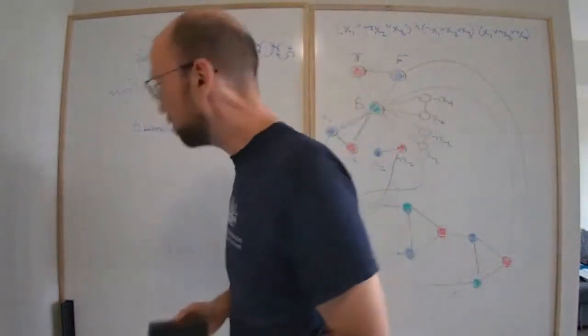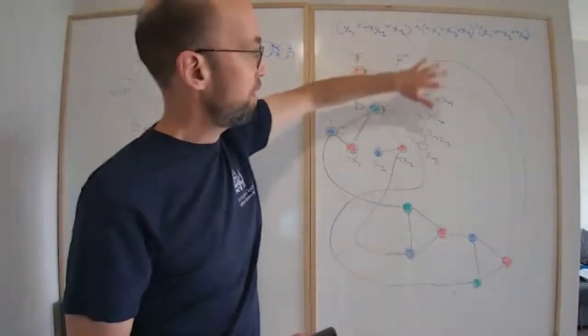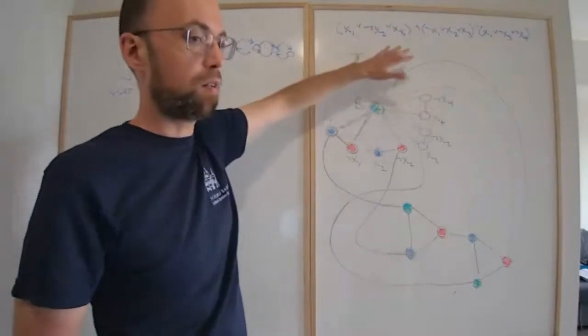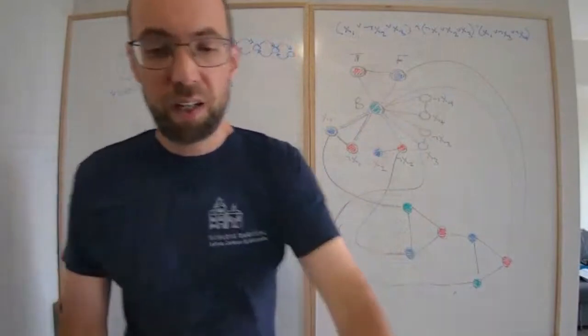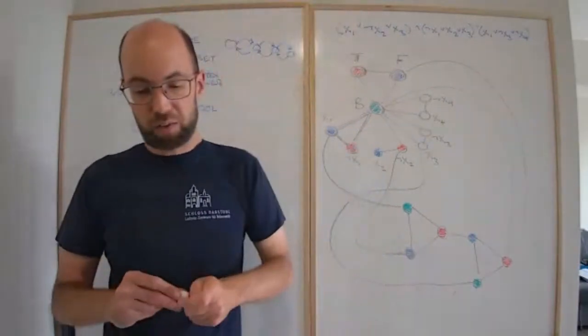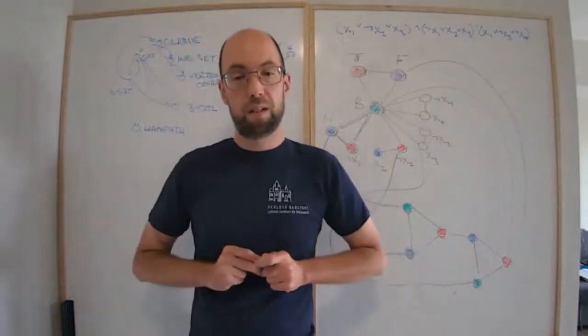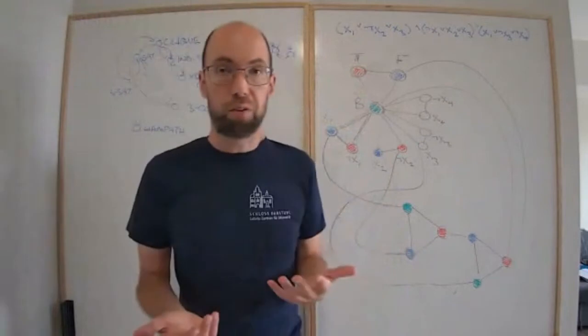Notice this also means, I shouldn't have erased. Remember I drew that graph and I said, is this graph 3-colorable? And I wrote a formula. Well, I said how to write a formula such that the formula is satisfiable if and only if the graph is 3-colorable. You can also do that with 4-colorable, right?